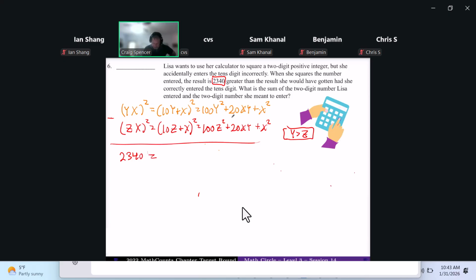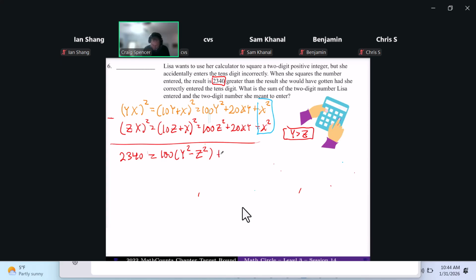And this is going to be the same thing as the difference between these things when I have them expanded out. Note here that the x squared and the x squared would cancel out if I'm subtracting. So when I cancel that out, what do I really have? I have 100 times y squared minus z squared. What else do I have here?